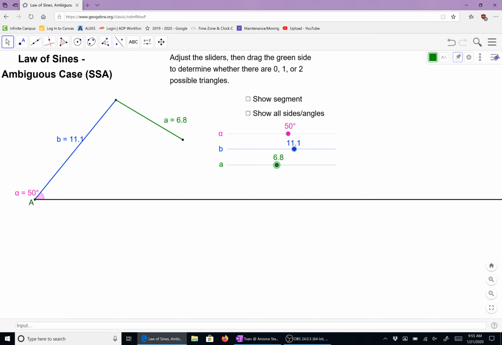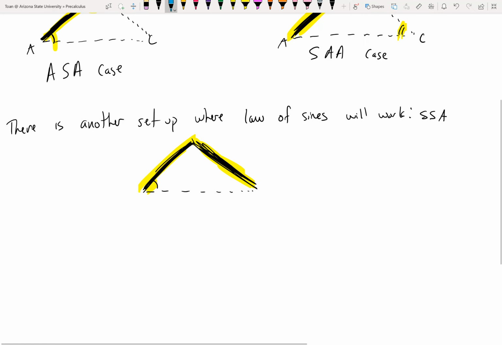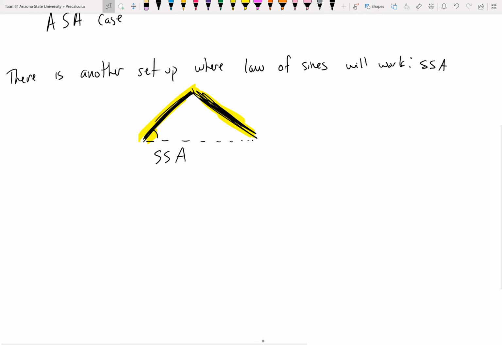Or it could be such that, you know what, no matter how far I swing, it could be way too short to not make a triangle at all. So that quickly sort of rundowns the three possibilities when you run into this side-side angle situation.